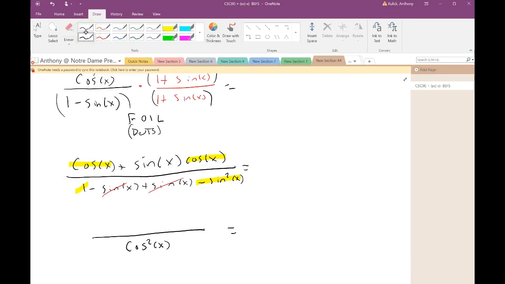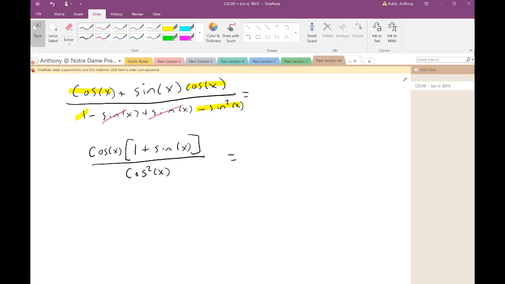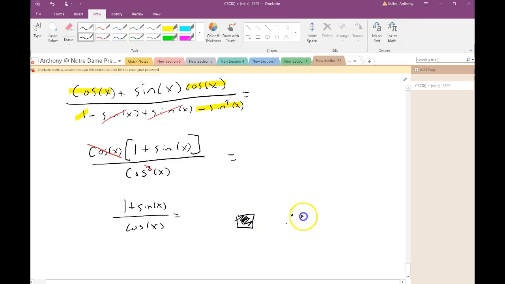What if I factor that off? What am I going to be left with? And now, what can we do? And we're at our final destination there.